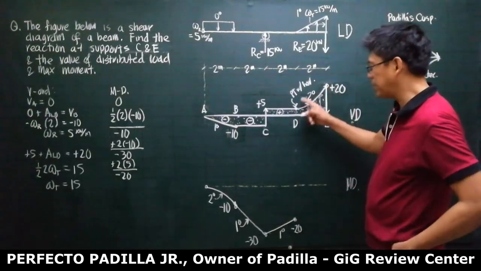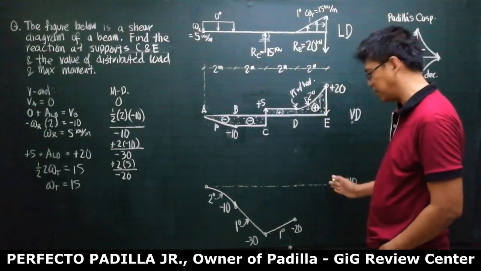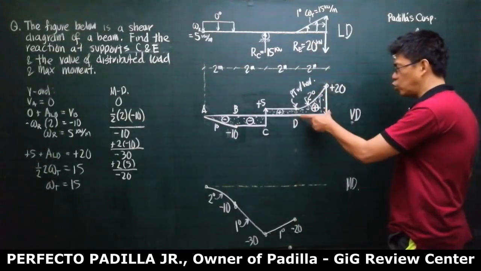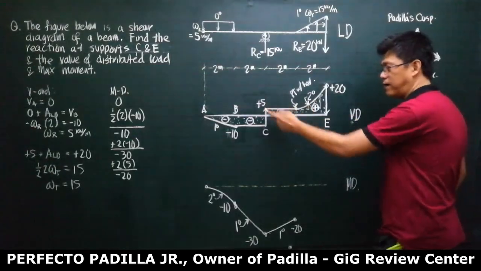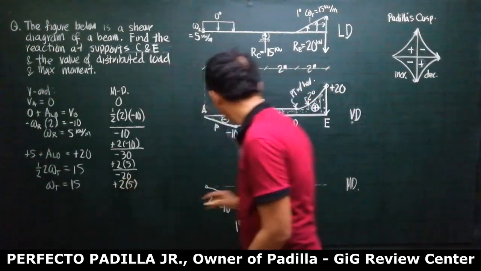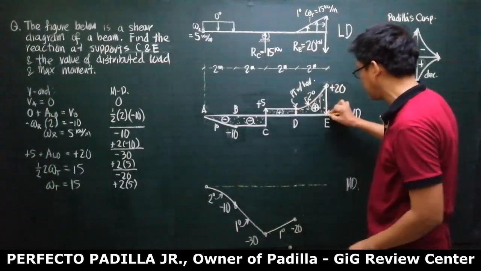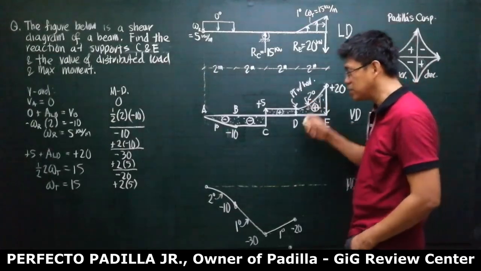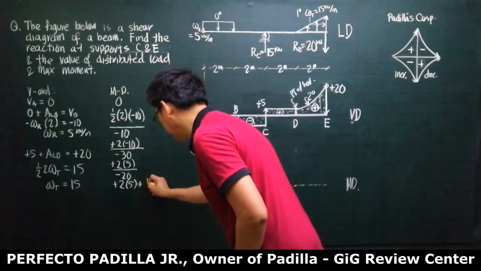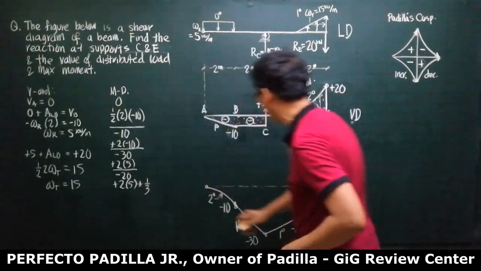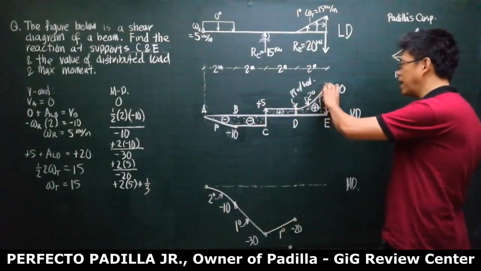Minus 20 plus this area is the moment here, right? And what is this? It is plus 2 by 5, the area of this rectangle, plus the area of this spandrel. This is a second degree spandrel, so the area is 1/3 base times height.